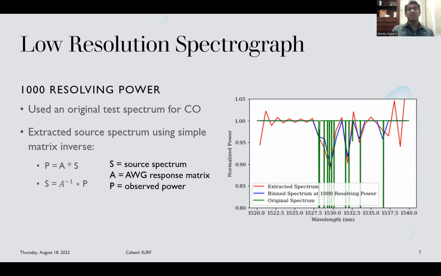The red curve corresponds to the extracted spectrum after passing through the AWG. The red curve aligns with the blue curve. The extracted spectrum aligns with the original spectrum at the same resolving power, which shows that for a low resolution spectrograph, you're able to very easily extract the spectrum.